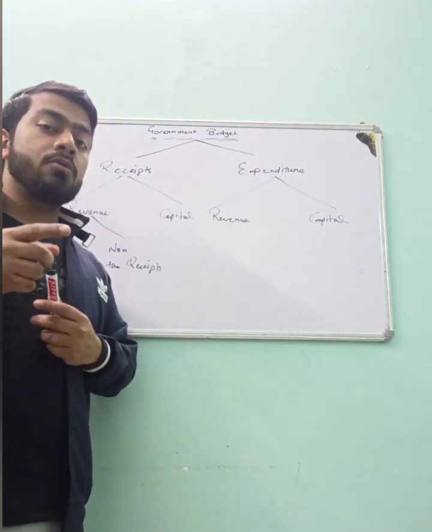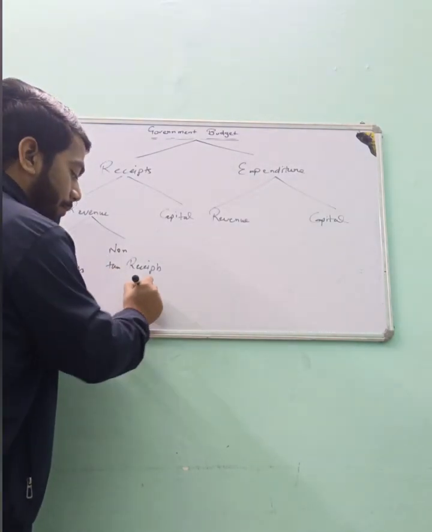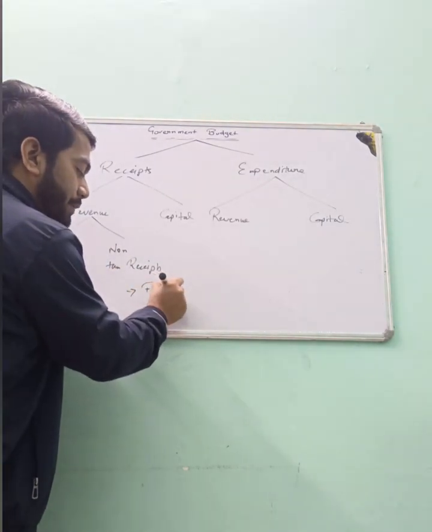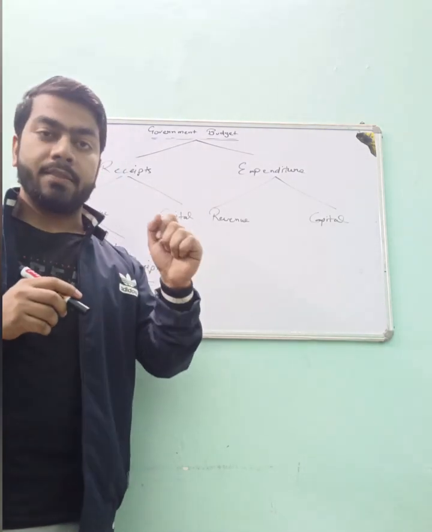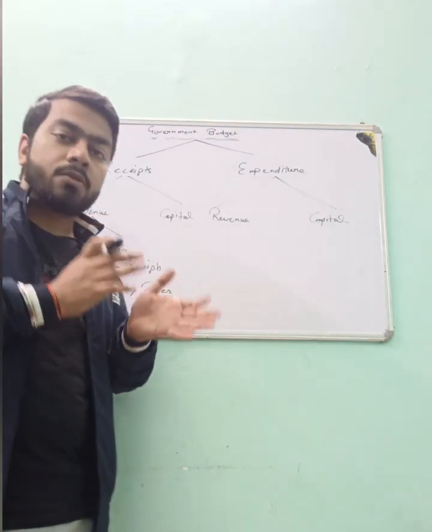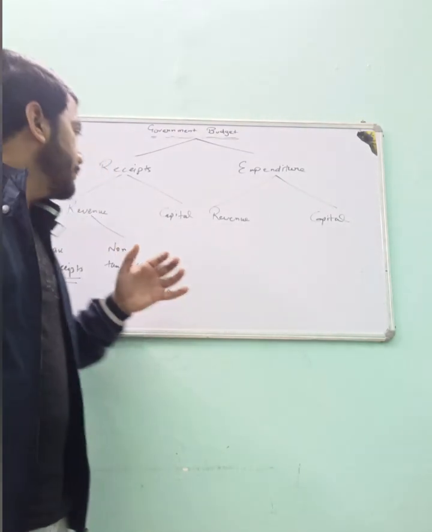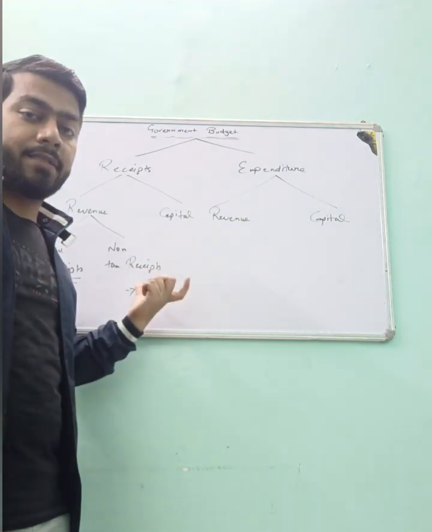But government is also earning through some other sources. For example, government is taking fees. If you want to apply for a driving license, then you have to pay some fees. That is also an income source for government, but it is a non-tax receipt. It is not a tax receipt.